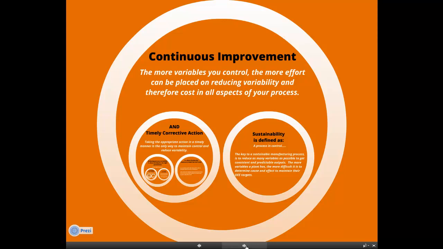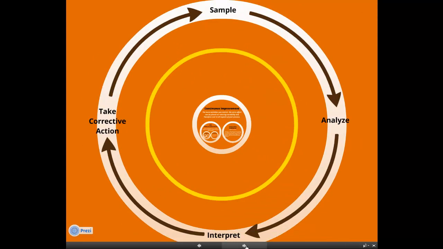Without having a process in control, it's impossible to maintain sustainable continuous improvement. Continuous improvement relies on a process in control to be able to deliver on measurable process improvement. Continuous improvement as a growth strategy, as a sustainability strategy, relies on process control.